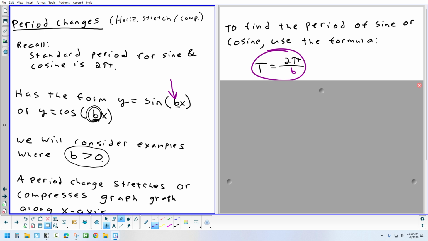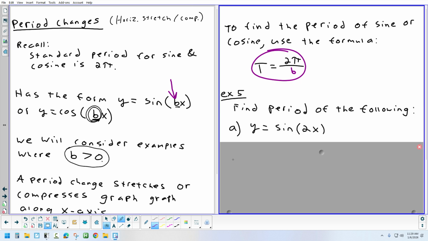So let's try a couple of examples where we don't even sketch. We just find the length of the period. So think of a 2 right there. Should the 2 cause the graph to stretch or compress? Yep, compress. That means the length of the period should get smaller. We started with 2 pi, and this should be less than that because we're compressing it.